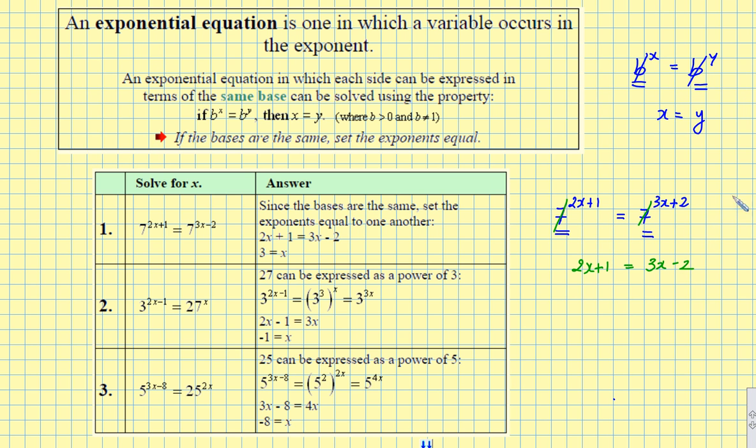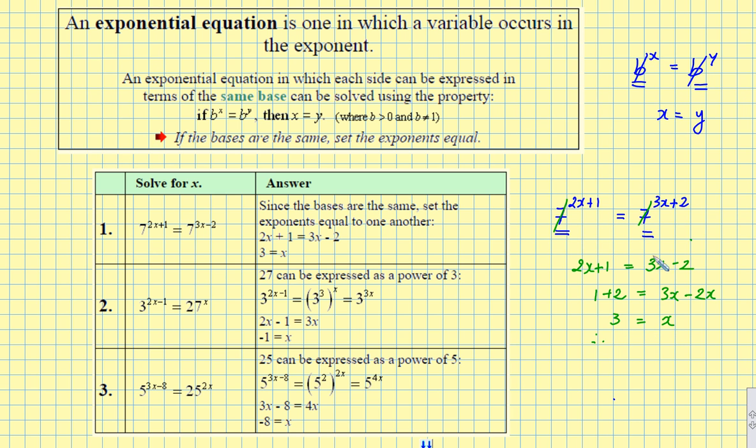And so 1 plus 2 is equal to 3x minus 2x, and therefore 3 is equal to x.